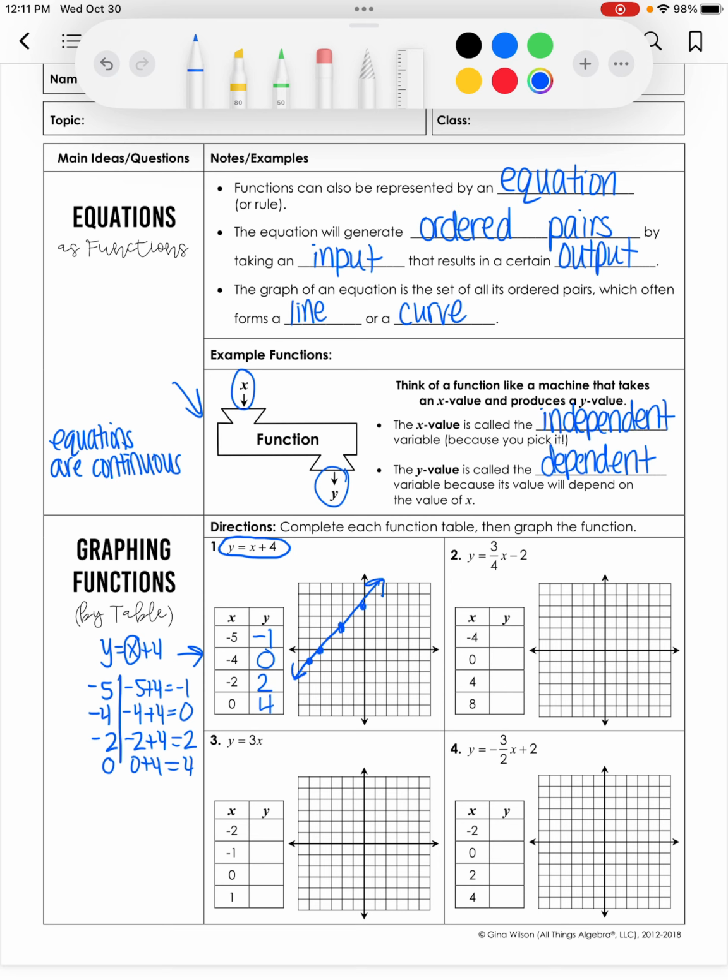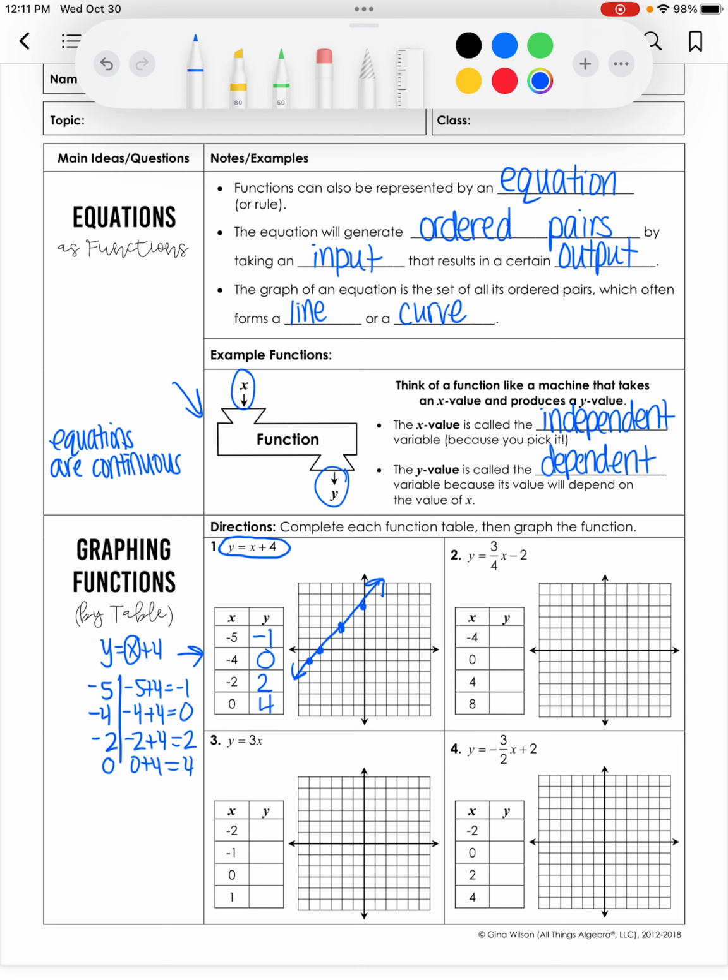In this case, it's going to be a straight line. We'll put arrows going both directions. Because the table values that they give you in this case are just like random 4 x values, but we could use any x value and then just add 4 to it and get an output. There will be specific problems where it's not that case, but that's how it works.